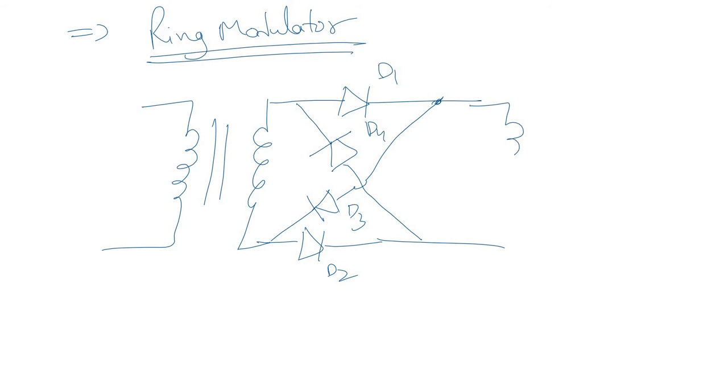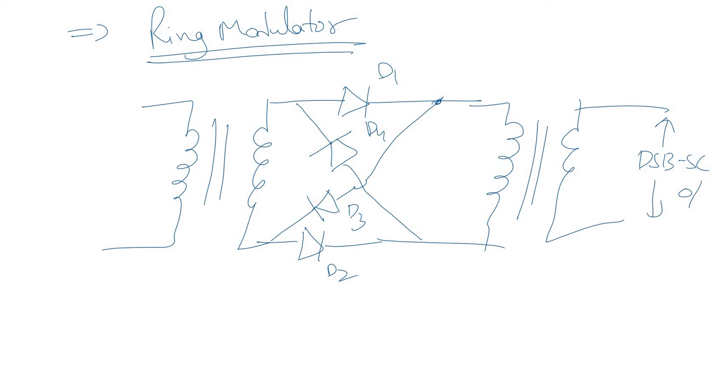Then we have the secondary induction coil, and the expected output is the DSB-SC type of signal. This is the expected output. And we apply the carrier signal through the center tapping of these coils.